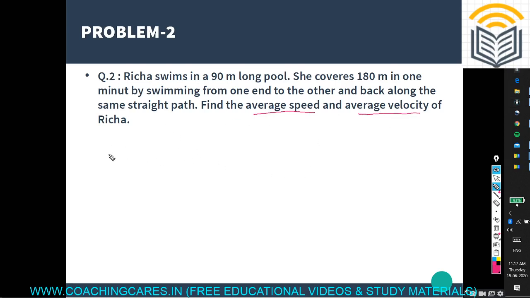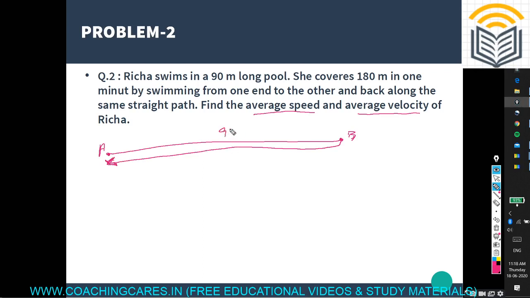So let's start. Richa, assuming she starts swimming from A, reaches B. Then again it says back along the same straight line from one end to the other end. Back again means she is going back to the initial position.